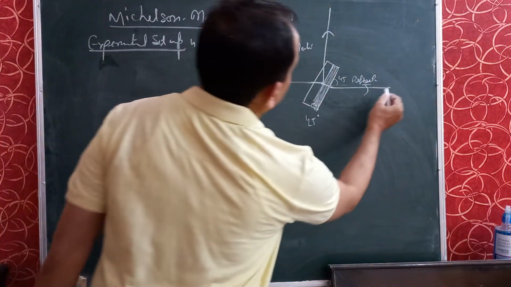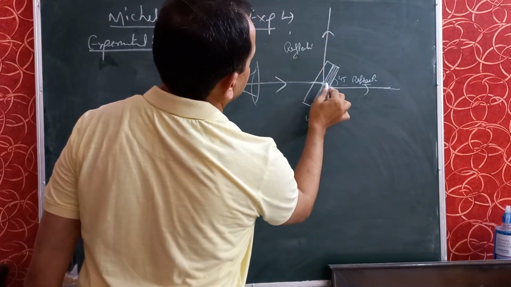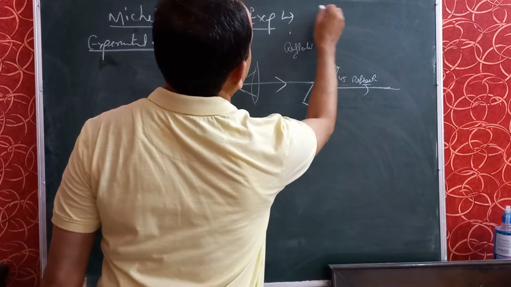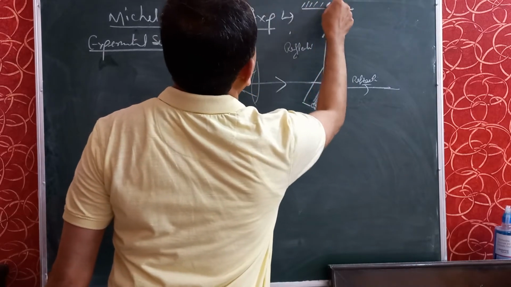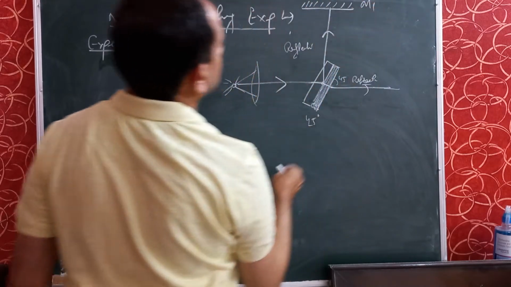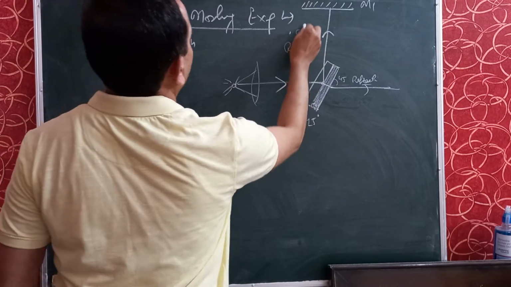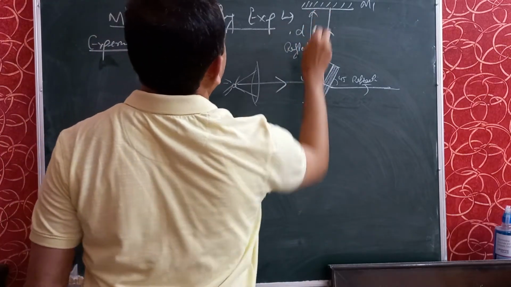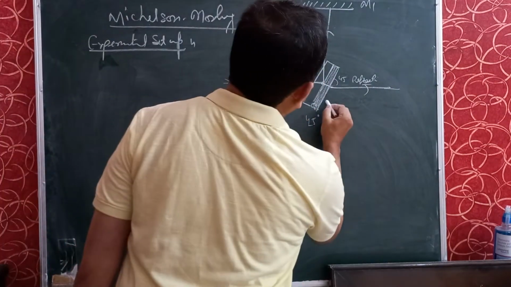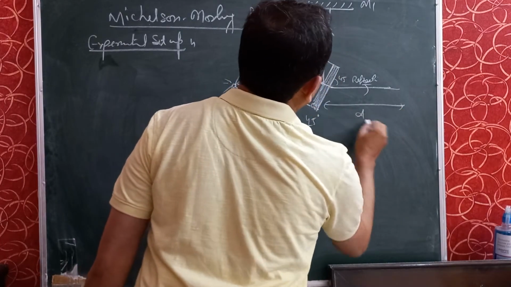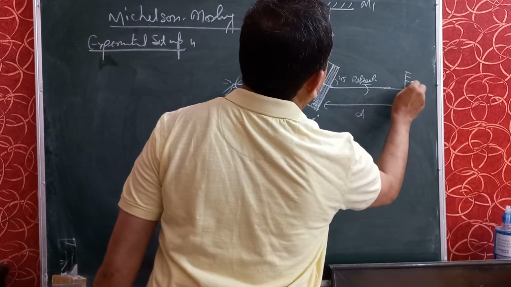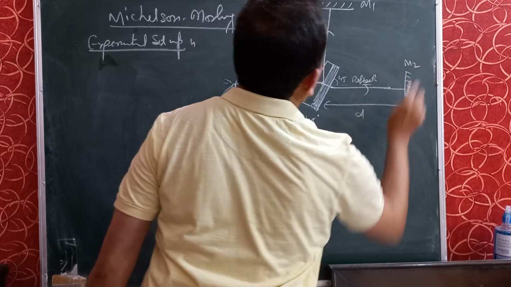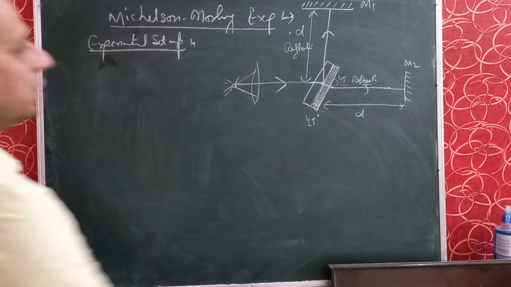Now, at the same distance from here to this side, we will place a mirror M1. Let the distance be small d. And at the same physical distance d, we again put a mirror M2, at right angles to each other. Why right angle?